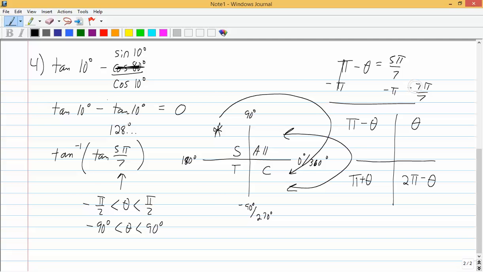Pi is the same as negative 7 pi over 7. So I have negative theta equals, what do I get when I put 5 pi over 7 and negative 7 pi over 7? I get negative 2 pi over 7. So that's what negative theta equals. So what's theta going to equal? 2 pi over 7. Alright, so my reference angle is 2 pi over 7.